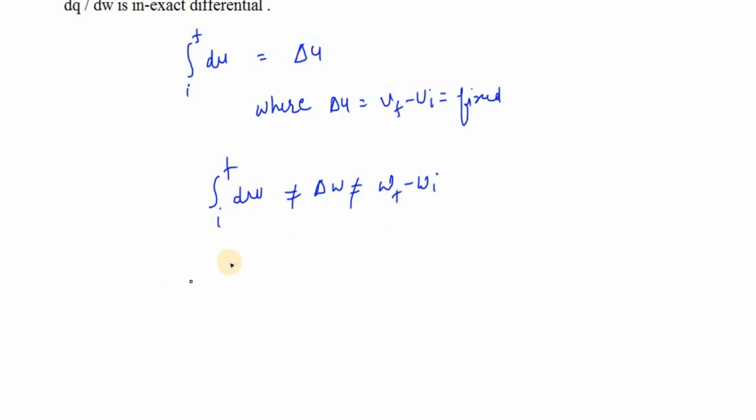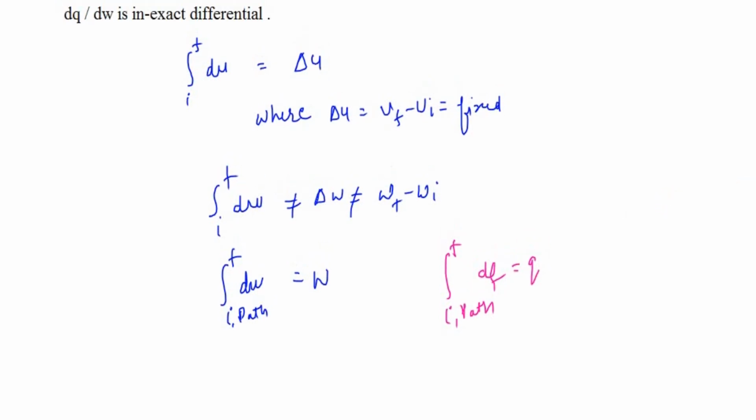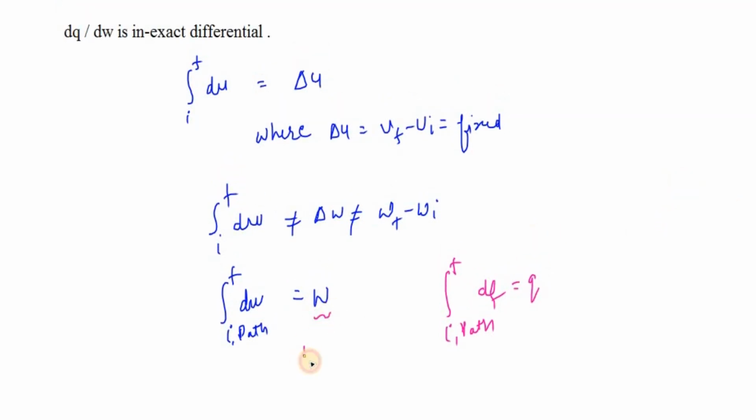Whenever we integrate a path function going from initial to final through the process, we know it is a path function, so it will be equal to W. Similarly, when we integrate another path function, dQ, it will give Q. It gives Q and W because in that case it is the area under the curve, so we get the exact value.